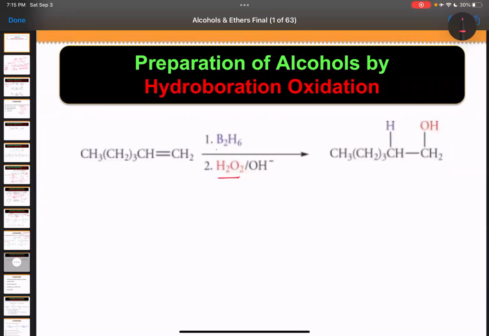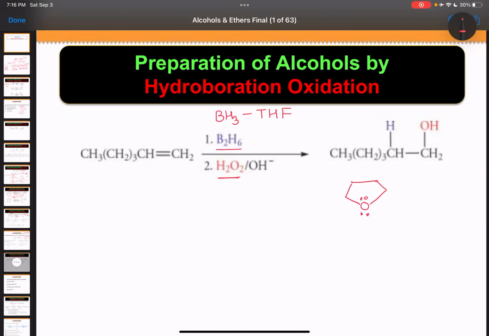So you take borane. This borane is BH3 and THF. Why do we need to take THF? What is THF? THF is actually a cyclic ether.